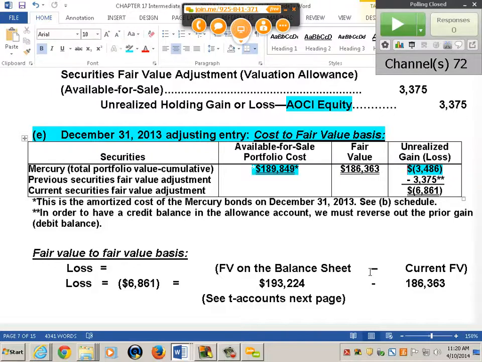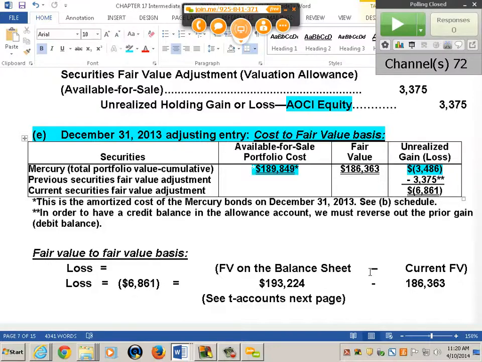So I need to write the security down by 3486 because the fair value has to be 186,363. Now the problem is I need a credit balance of 3486. I've got a debit balance in there of 3375.